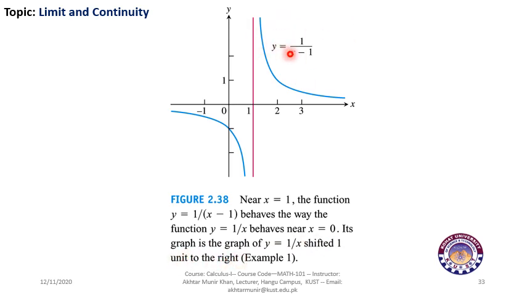This graph is obtained by shifting the whole graph of the rectangular hyperbola 1 unit to the right. As it is a horizontal shift, where we have subtracted 1 from x, it moves the function to the right of the original function.